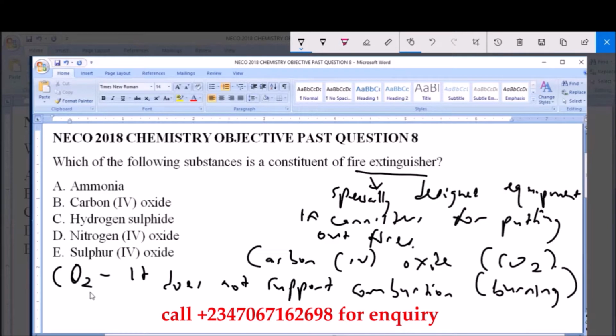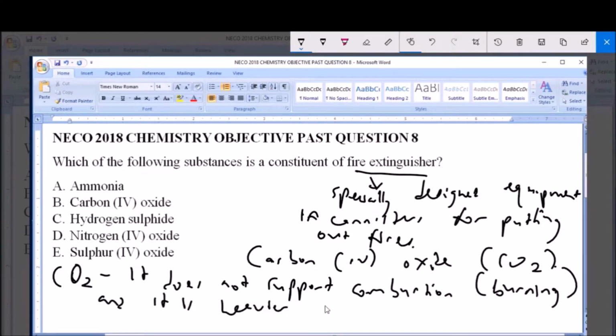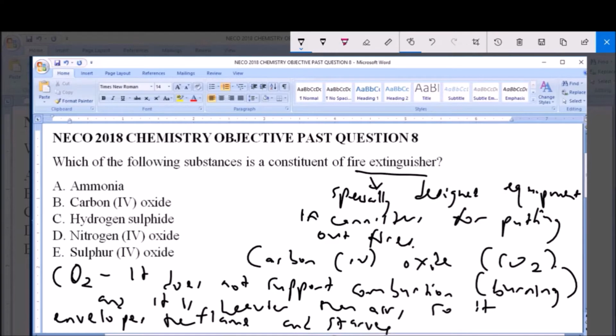So it does not support combustion, and it is heavier than air, so it envelopes the flame and starves it of oxygen supply. So this is the mechanism of action of CO2 or carbon dioxide that makes it to be used as a constituent of fire extinguishers. So carbon dioxide is option B and is the correct answer to this question.